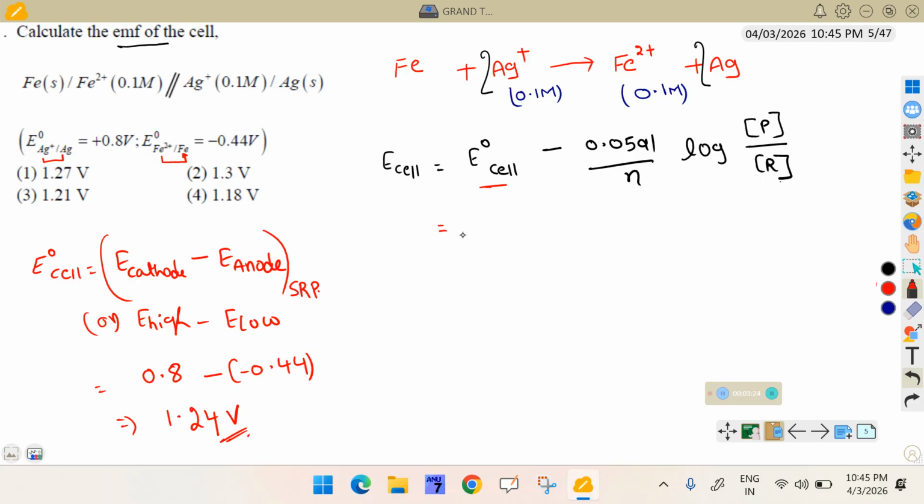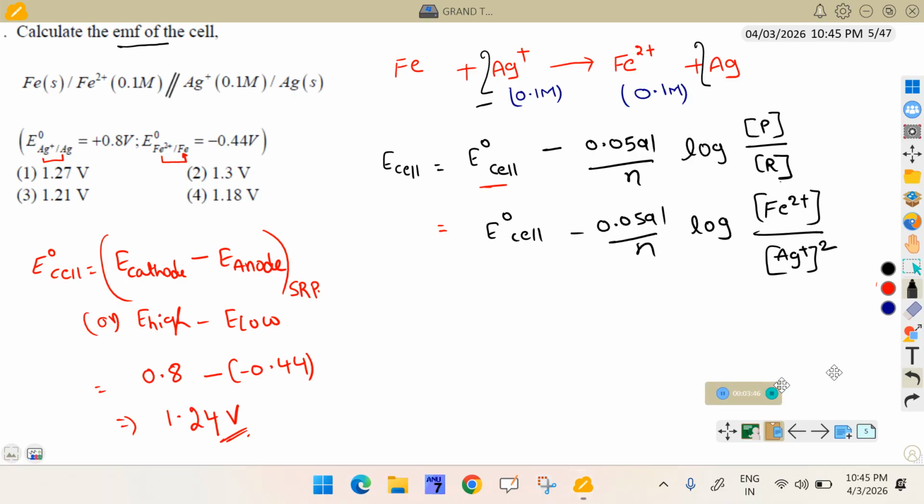Now, E naught cell minus 0.0591 by n log of product, which is Fe2 plus. How many moles? Only 1 mole. Reactant is Ag plus. How many moles? 2 moles, so whole square. Now, E naught cell value 1.24 minus 0.0591 by how many electrons involved? 2 electrons are involved.